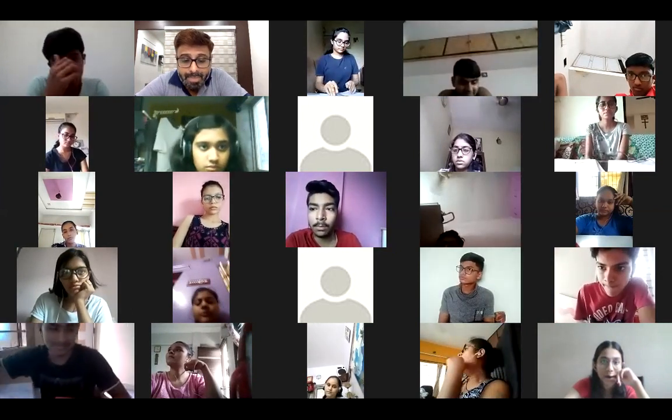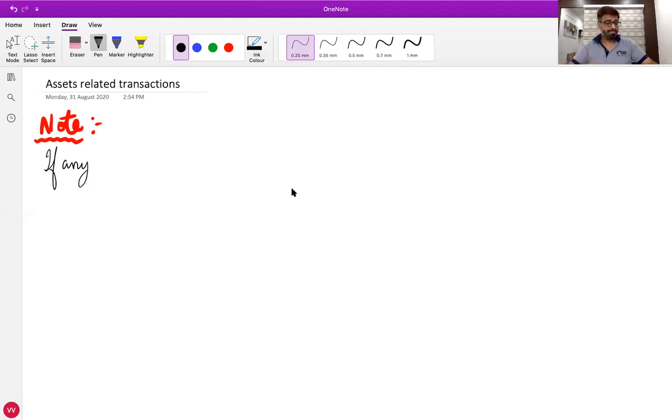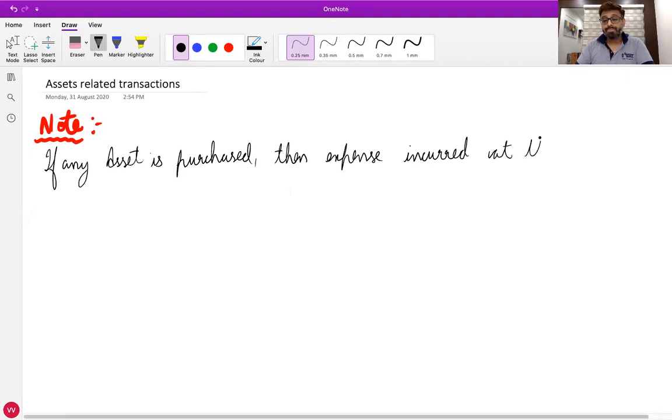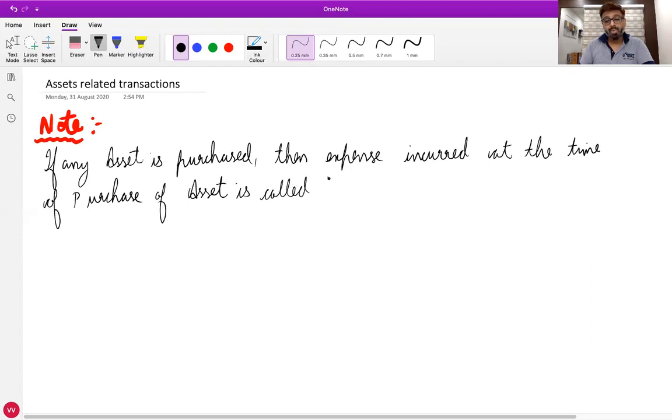What we need to remember here is, understand it, write down. If any asset is purchased, then expense incurred at the time of purchase of asset is called which expense?